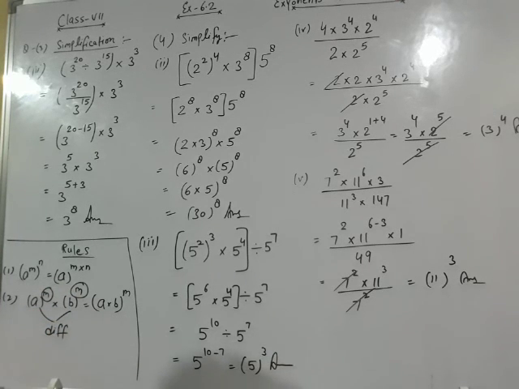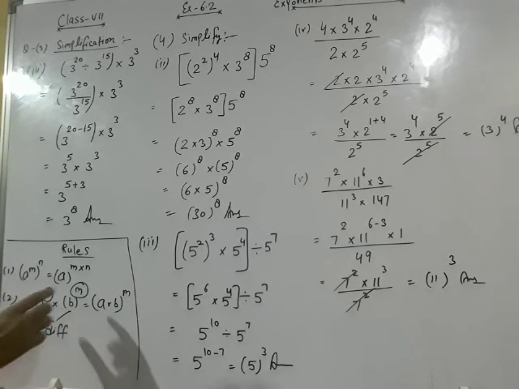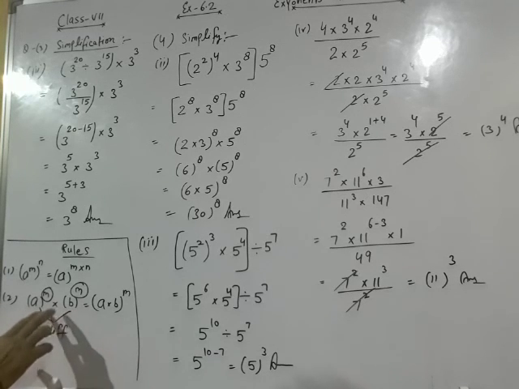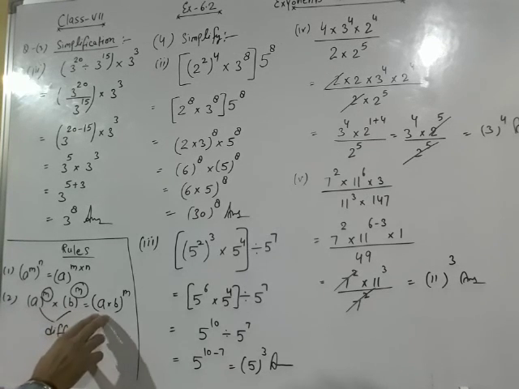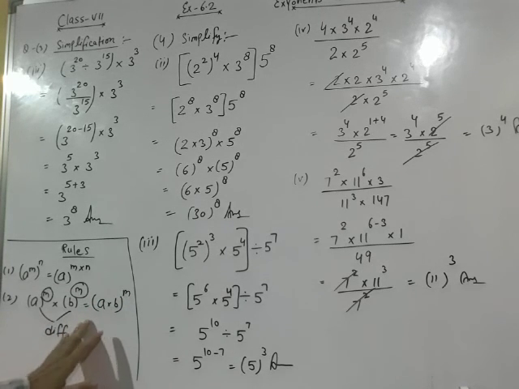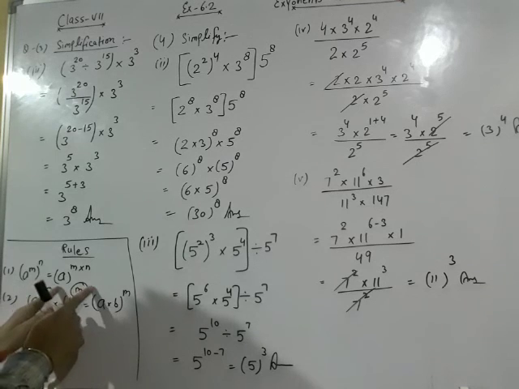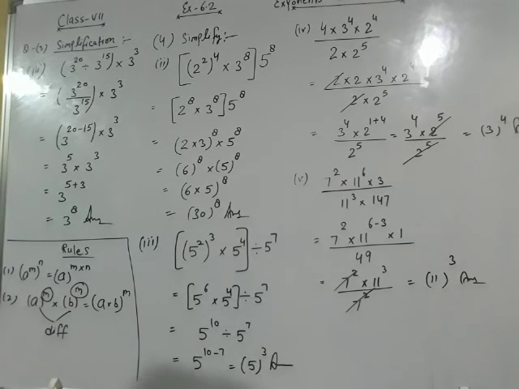So what we will do, we can combine the brackets and we will apply the same exponent to both of the bases. So it will become a multiply b whole power m. What we have done in this rule is just combine the two brackets, because both of them have the same power m.